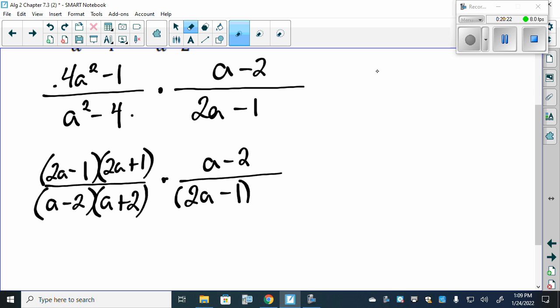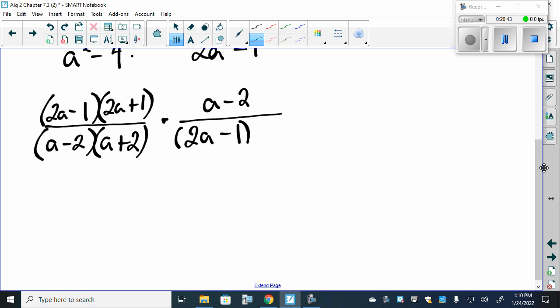Because we could have done that, but we would also have to pull out a negative from this 2a minus 1, and then the negative and negative would actually make a positive, and we would be back to where we were before we factored anything out. So I would say a good rule for most of these, with trying to pull negatives out, is if the biggest variable that we have is negative, then I would pull it out.